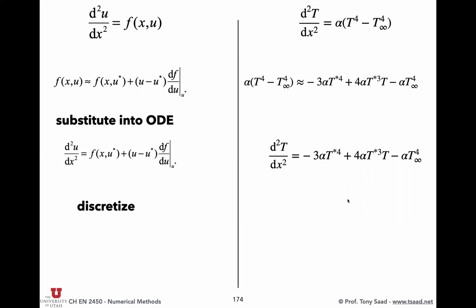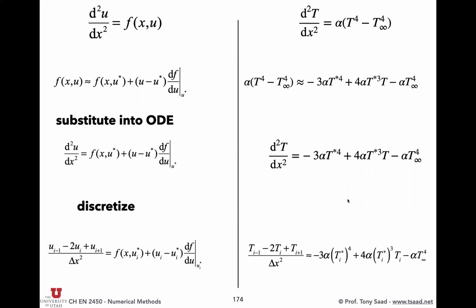Next, we discretize with our standard discretization, and that gives us the standard central discretization on the left. And on the right, everything is at point I. Now, there's a subtlety here: t star is not a value across the entire domain like t infinity. Every point in the domain has its own t star.